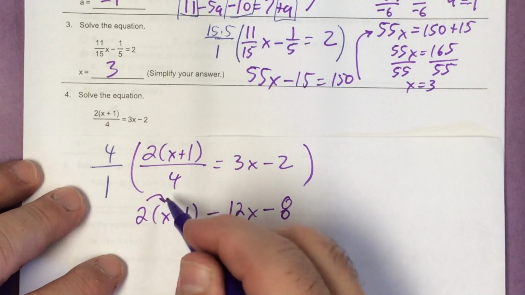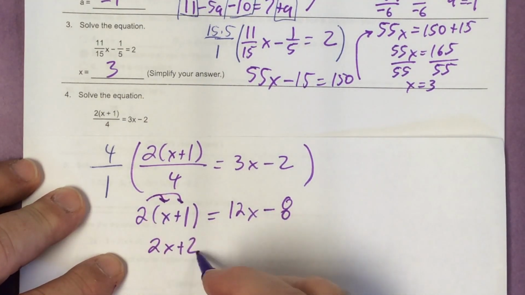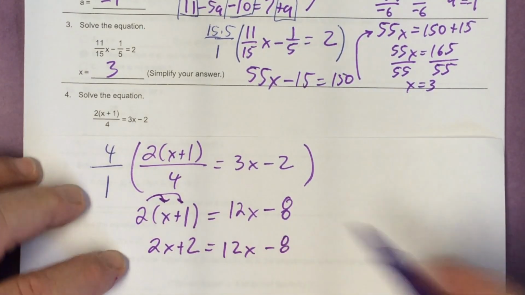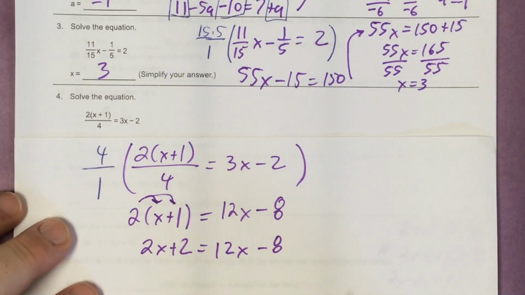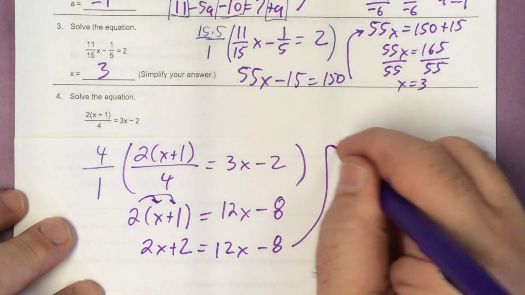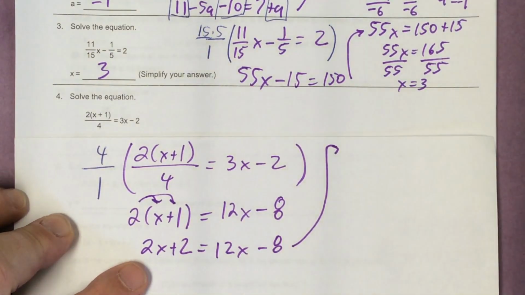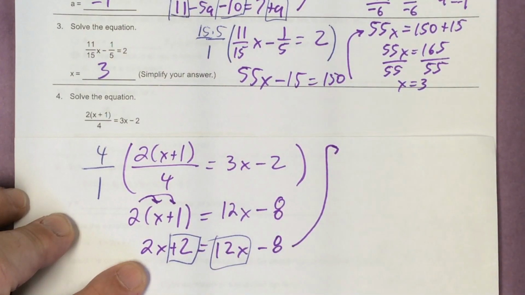So now I'm going to distribute this, and this is going to give me 2x plus 2 equals 12x minus 8. And now I'm going to move some things around to both sides in order to show the work on the screen here. I'm moving the plus 2. I'm moving plus 12x.